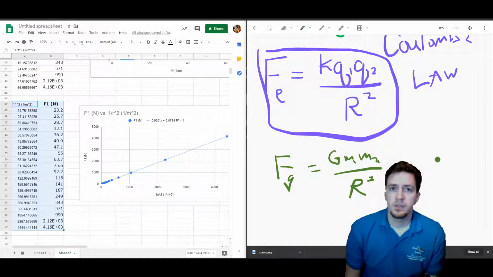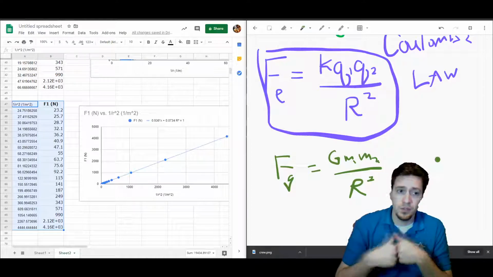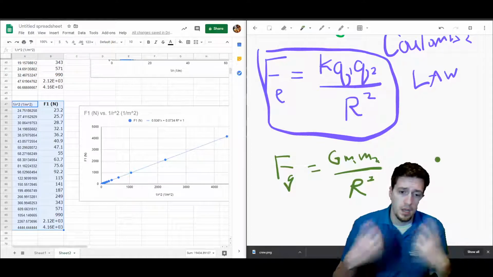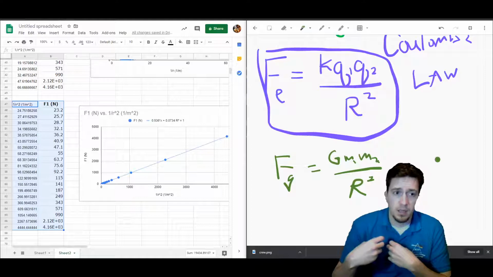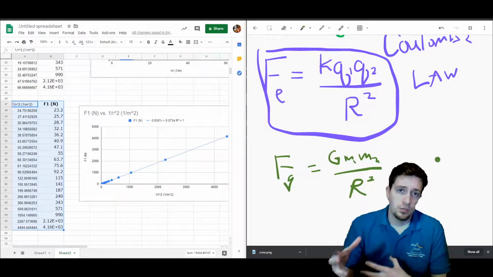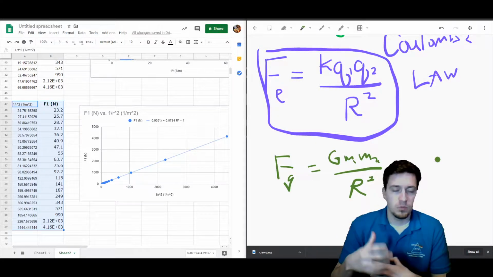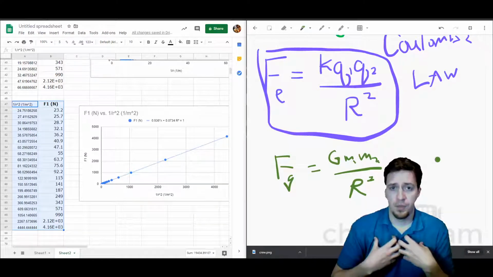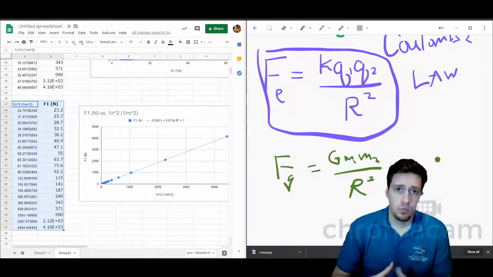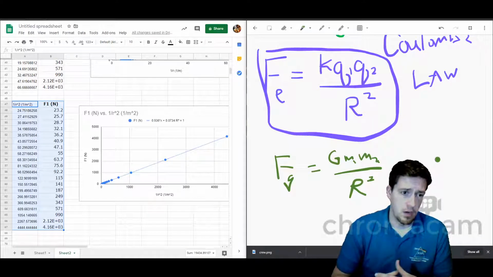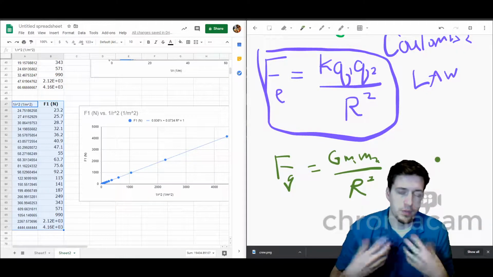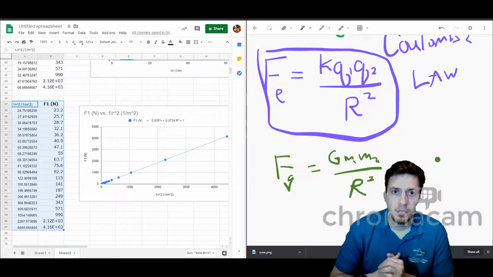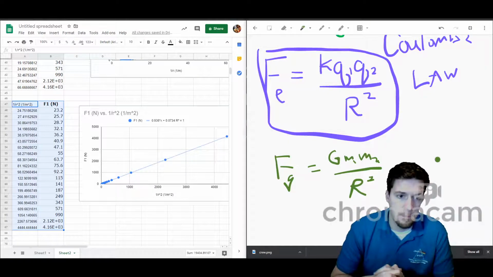What that basically tells us is that in a head-to-head battle, electrostatic forces win, which is why at a subatomic or atomic level, charges play a much larger role than mass does. But on a more macroscopic scale, like with us, mass plays a larger role because most things are net neutral. Something like me, I'm pretty close to being neutral. My charges are roughly balanced out.